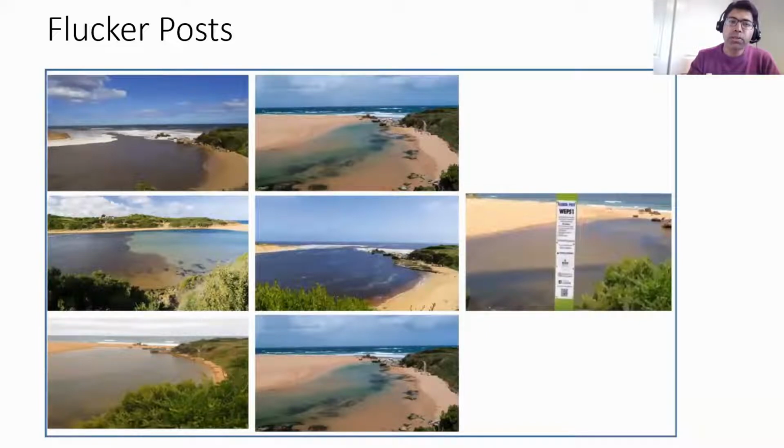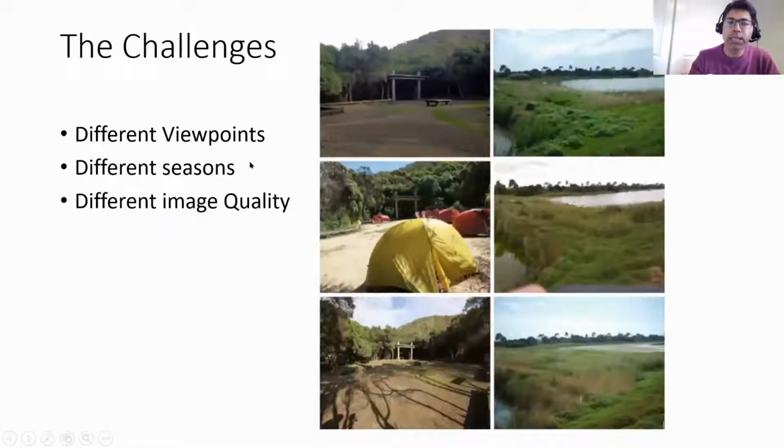So we get a very large data set where images of the same scenes are available, but you can see the challenge. The challenge is huge, because it's done by different visitors, with different cameras and different viewpoints.